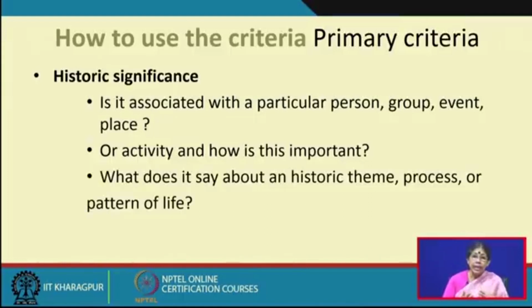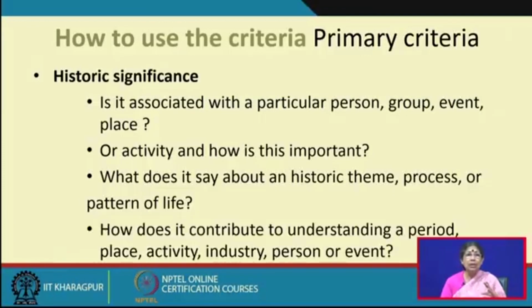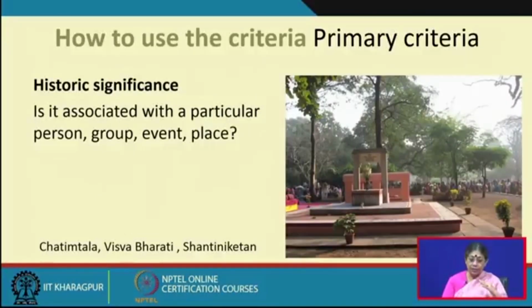What does it say about an historic theme, a process or a pattern of life? It can be one singular event, or a pattern of life, or thematic, or how does it contribute to understanding a period, a place, an activity, an industry, a person or an event. So, this is a quick checklist of historic significance.